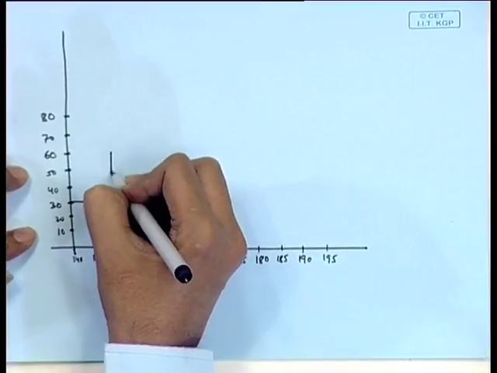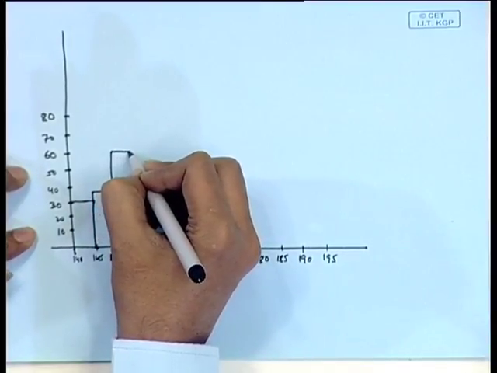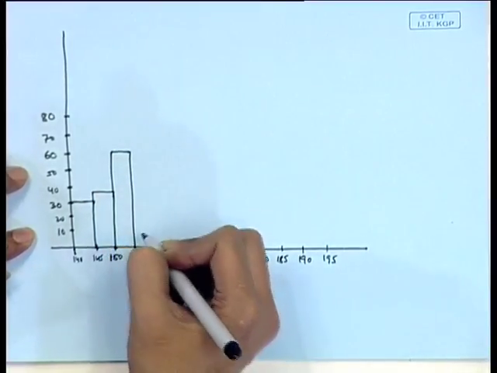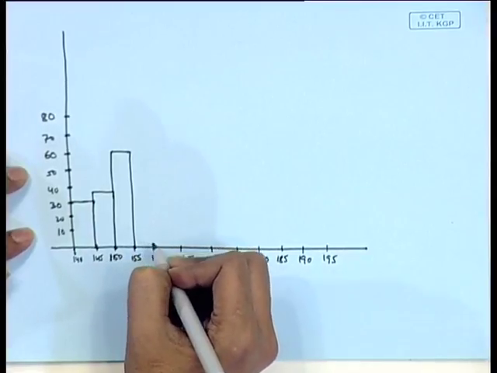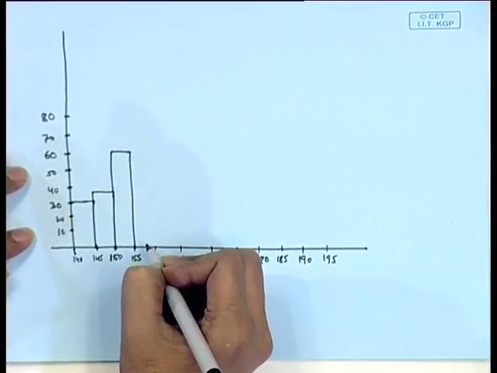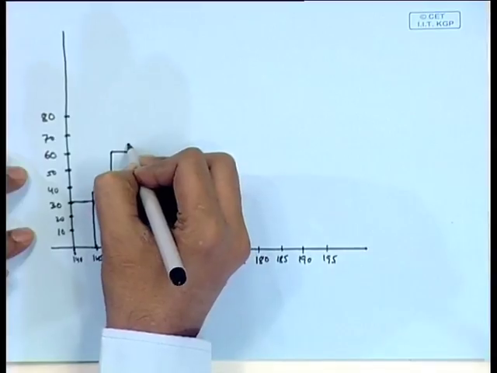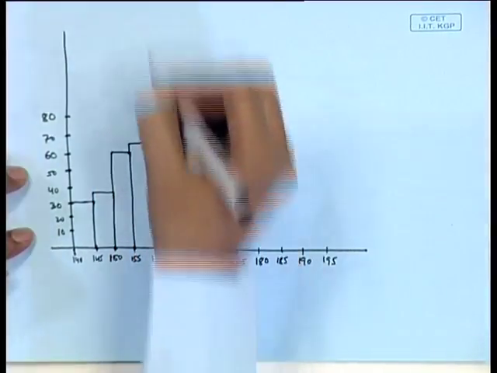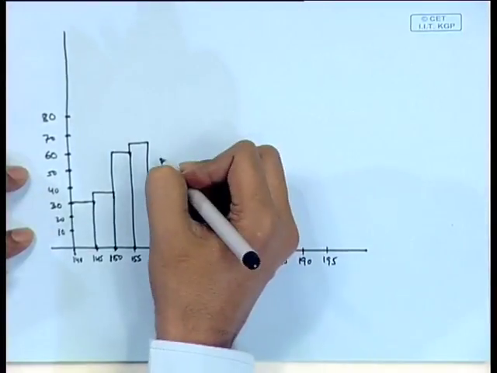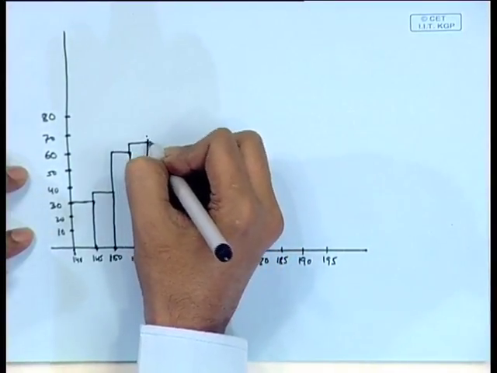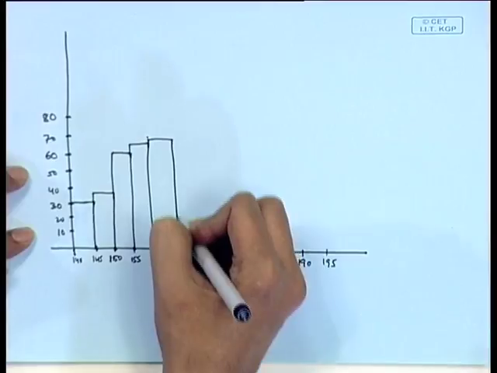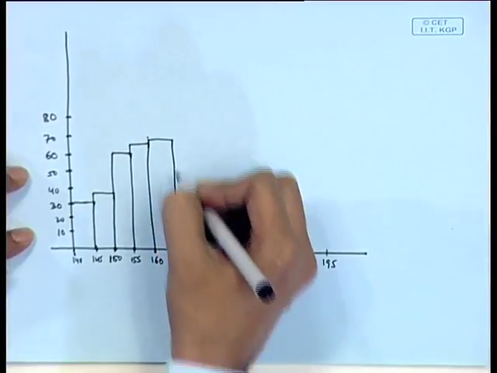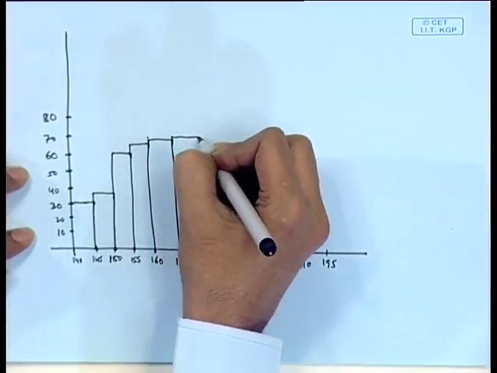Similarly, the next is 60. From 155 to 160 it is 65. Then next it is 67. 165 to 170 is 70.